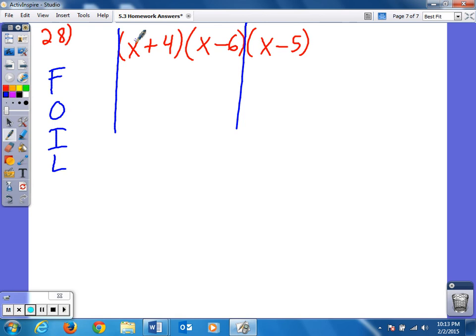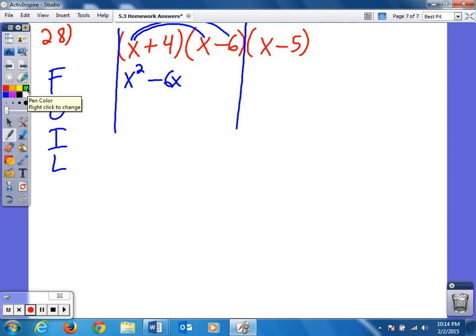So we take this first x and distribute it through the second set of parentheses. That's first. So x times x gives you x squared. Then we take the x times the negative 6. So that's negative 6x. And you can see we've taken that x and distributed it through the second set of parentheses. So that's first and outers.